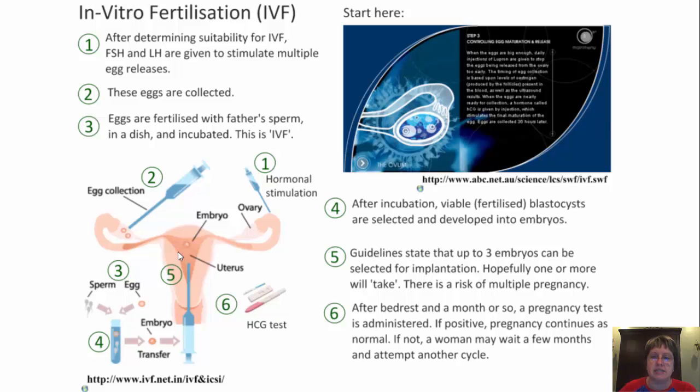The doctors have implanted more than the 3 embryos, and they have all taken. After bed rest or low mobility for a month or so, a pregnancy test will be administered, and if positive, the pregnancy continues as normal. If not, the woman can wait a few more months, and then she can attempt another cycle. This is not a super pleasant experience, but sometimes it is the only option for someone or couples that are having a difficult time getting pregnant.